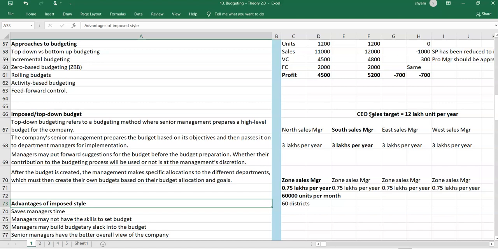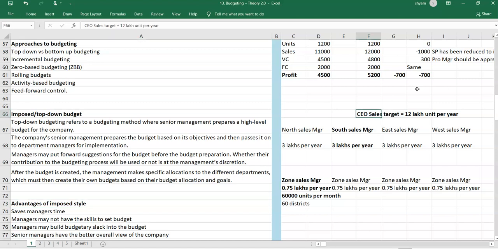So in imposed budget, the top management will decide everything, like how the goal has to be set, how it has to be achieved, what is the target for each of the managers. The top management will think about everything and simply delegate or give the targets to the lower managers. Of course, lower managers can give their ideas or opinions, but ultimately, it's the top management who will decide whether to listen to their suggestion or not.